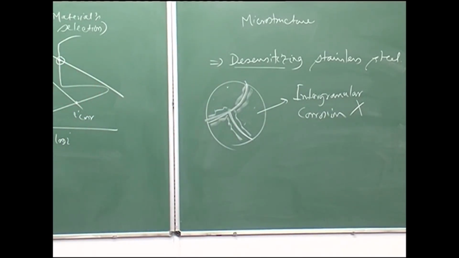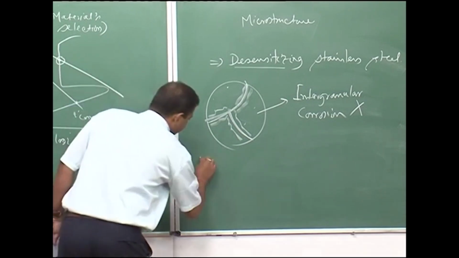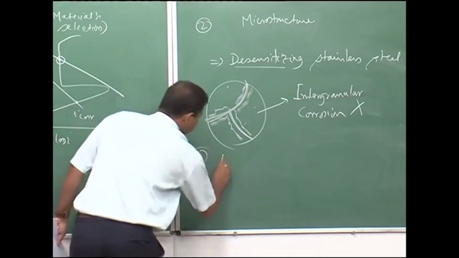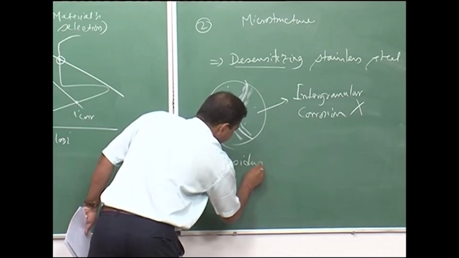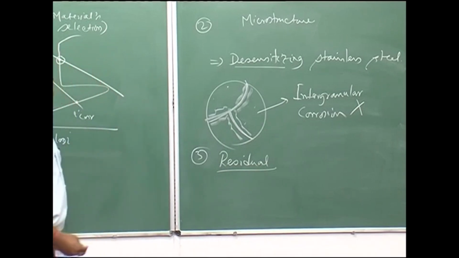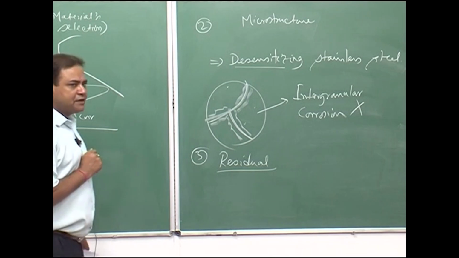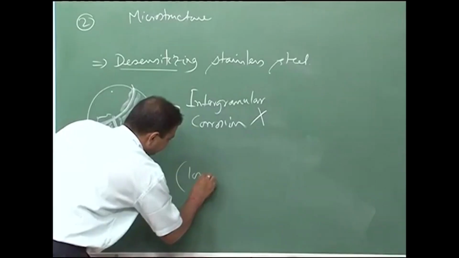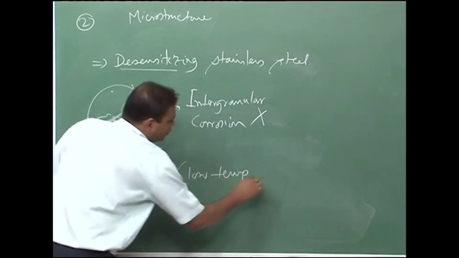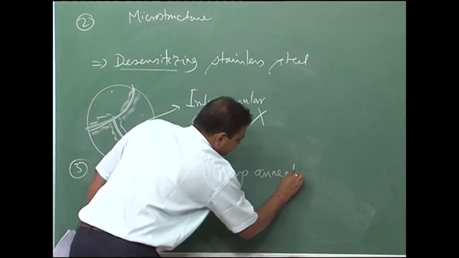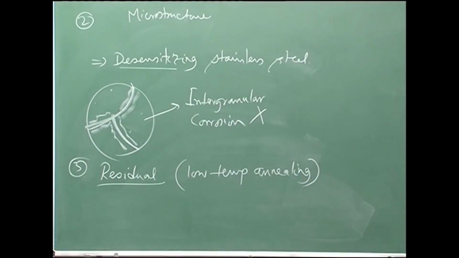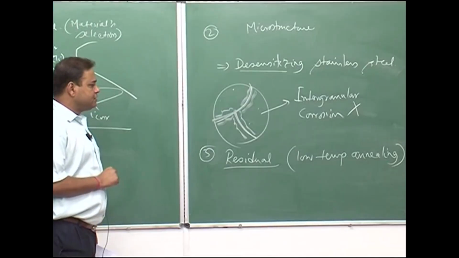Then there is one example for residual stress. This is the third way, residual stress. Of course, we have seen that the residual stress can lead to stress corrosion cracking in a material. So, if we do low temperature annealing, we can avoid residual stress induced stress corrosion cracking.